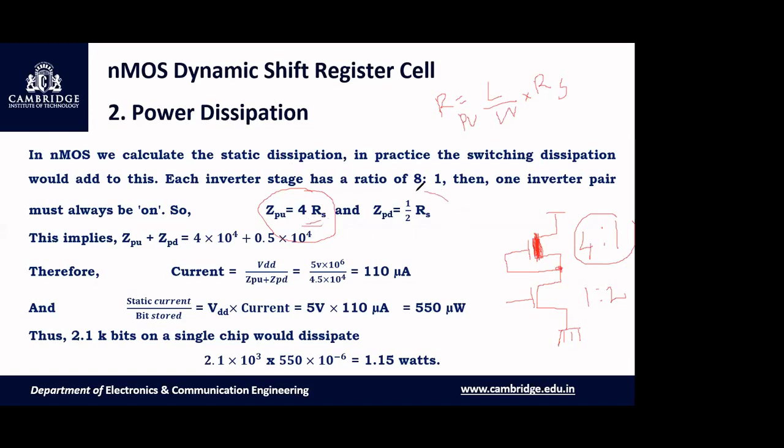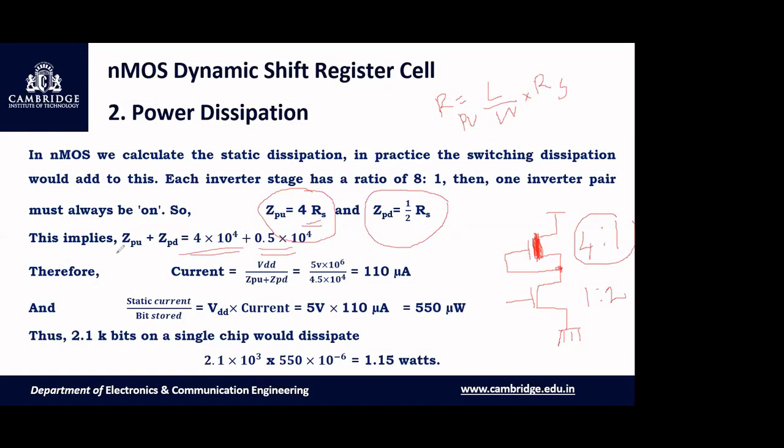And this is the impedance of pull-down: 1/2 into RS. The ratio is 1/2, and RS is nothing but 10K. 1/2 is 0.5 into 10K, so we get 5K. 40K plus 5K gives 45K.